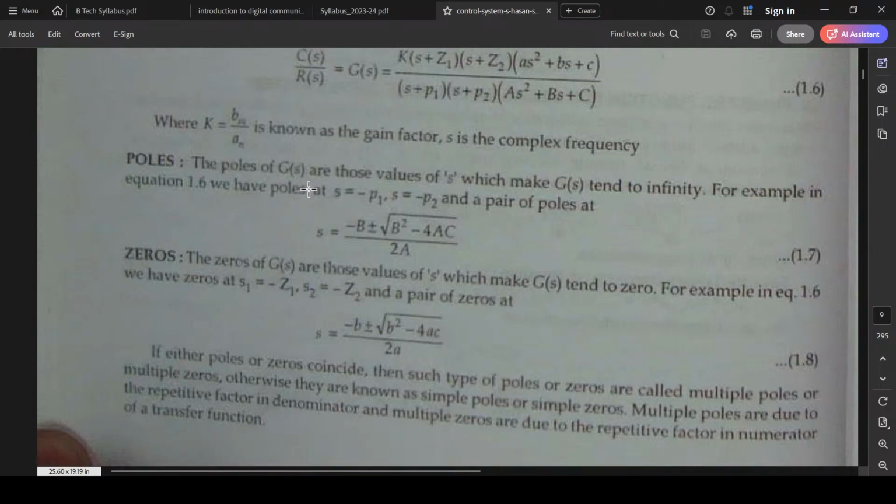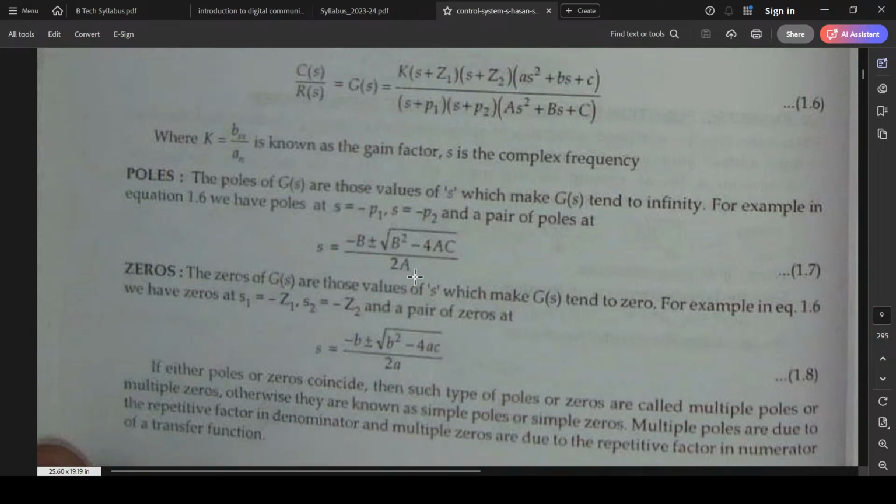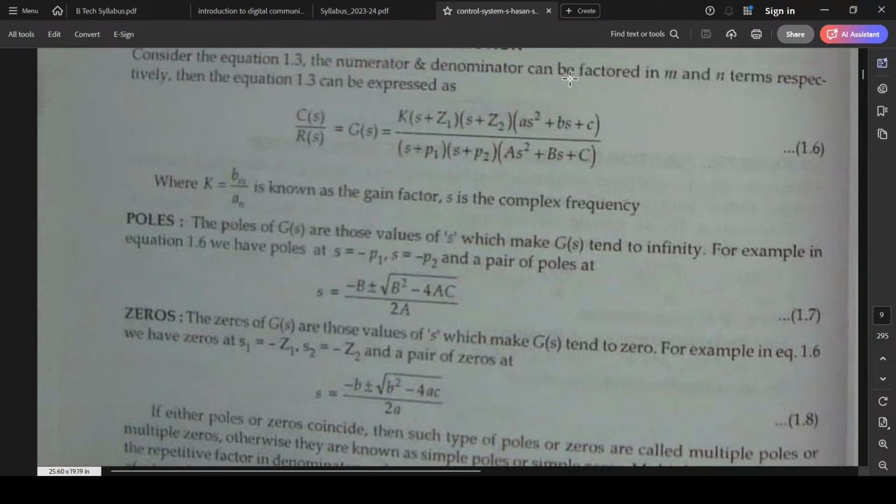For example, in equation 1.16, where is example 1.16? This one? Yeah, it is this one. So in order to make G(s) go to infinity, think about this fraction only.